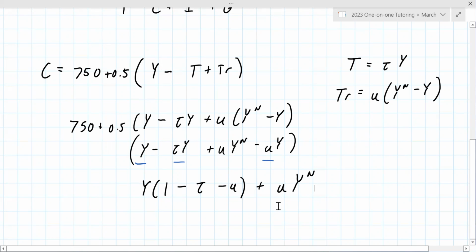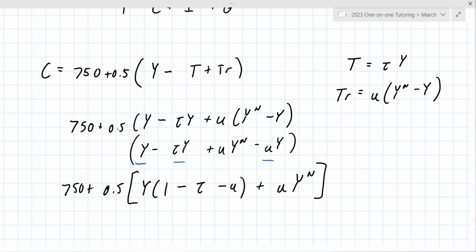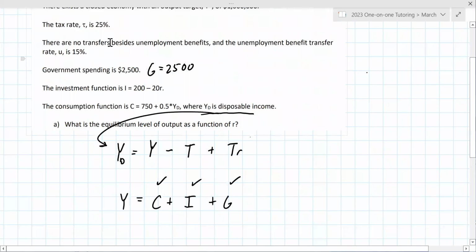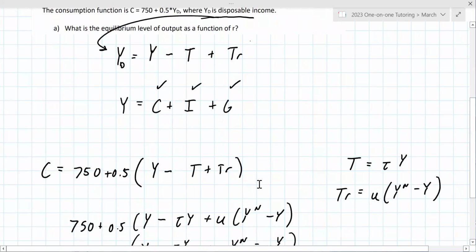Is that okay? Y times 1 minus tau minus, okay, that's where the minus comes from. So those three factor out. And now you can substitute in for those values. Tau is 0.25, U is 0.15, YN was given from the beginning as $1 million.